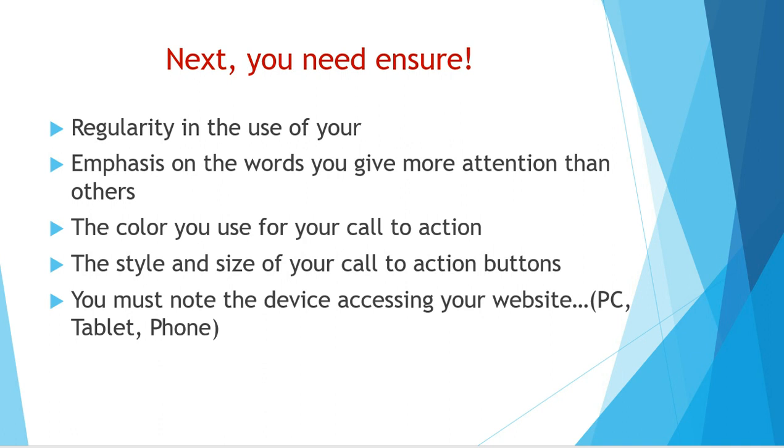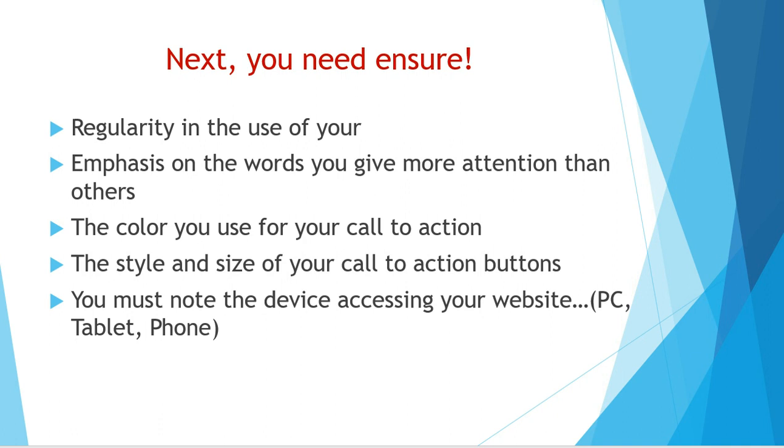Now you need to look at what devices will be accessing your website. Is it a PC? Is it a tablet? Is it a phone? This will make you design what each particular device will access when the person uses it to access your website.